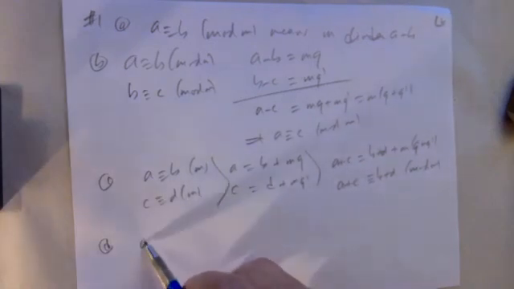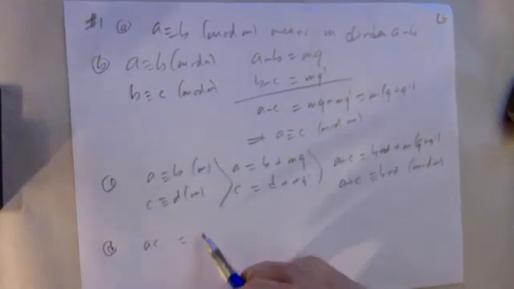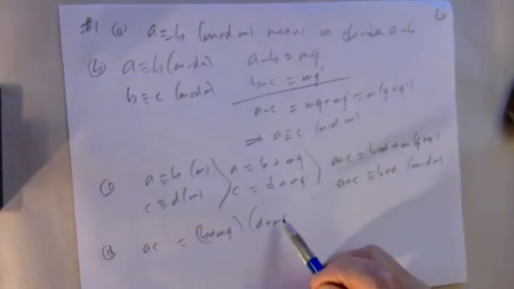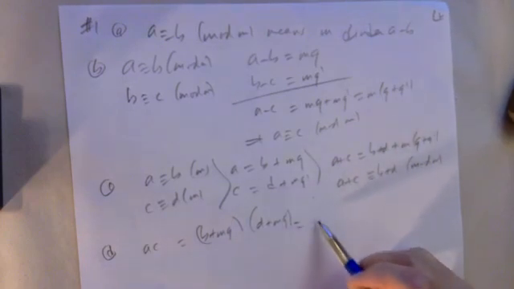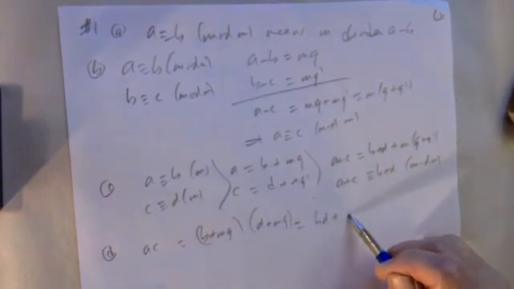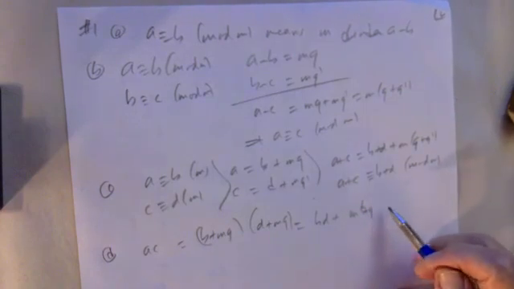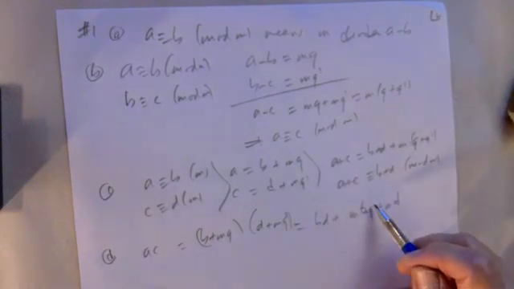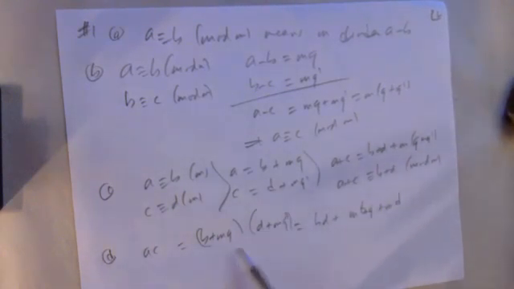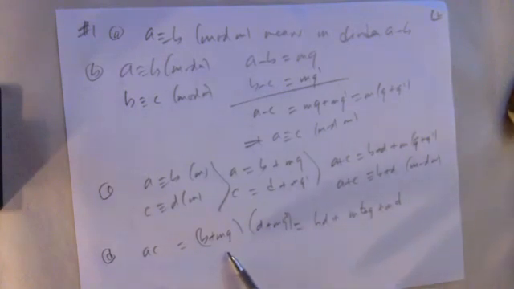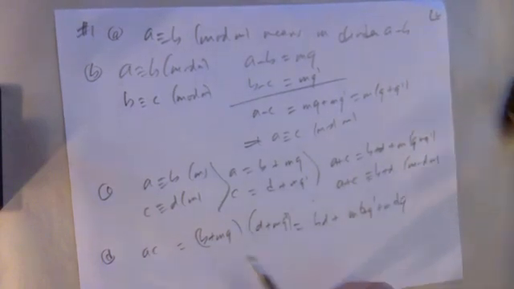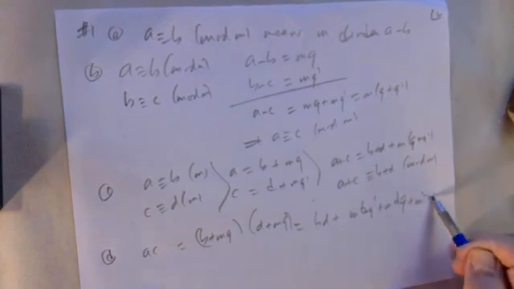And if you multiply them, A times C, that's B plus MQ times D plus MQ prime. Multiply it out. You get BD plus MBQ prime plus MDQ plus M squared QQ prime.